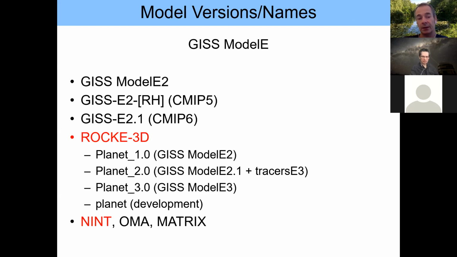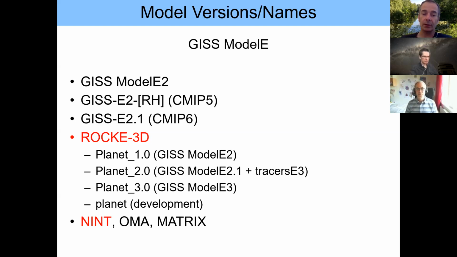Everything you will hear here in these 2 days is going to be on the technical side mostly, so applicable for both model versions. And then we have a Planet 3 version that we will be working on after Planet 2 is frozen, and after the Earth generation Model 3 is also frozen, which will include the major change of cloud microphysics.